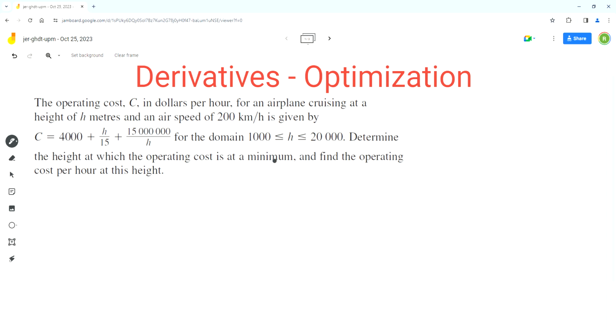And we have to determine the height at which the operating cost is at a minimum and find the operating cost per hour at this height.